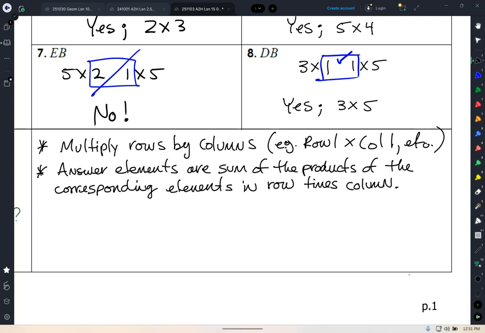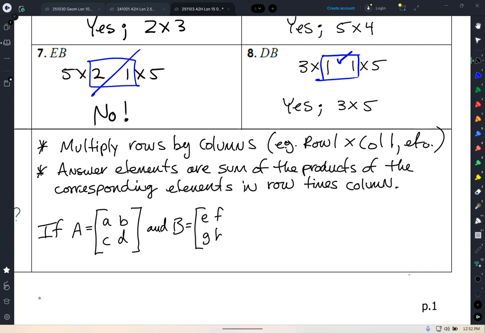So let's do that. Let's say if matrix A is a 2 by 2, we're going to call these elements A, B, C, and D. So matrix A is A, B, C, D like this, and matrix B is going to be E, F, G, H, like that.